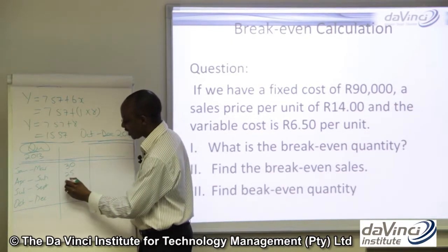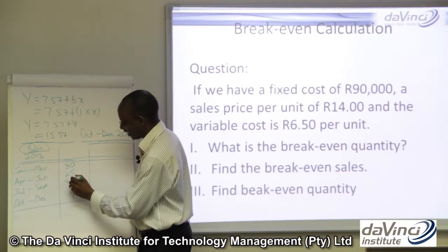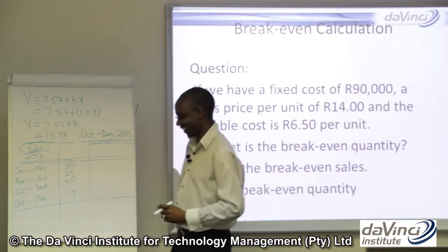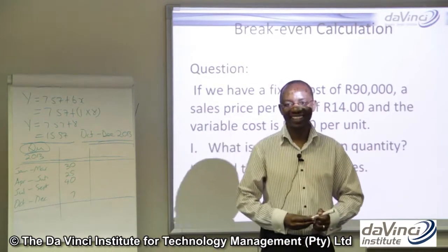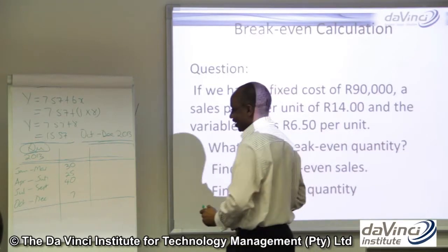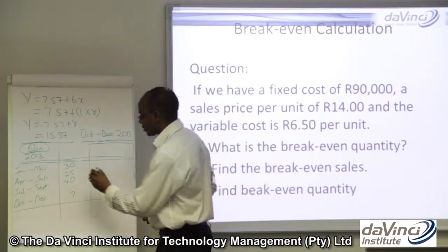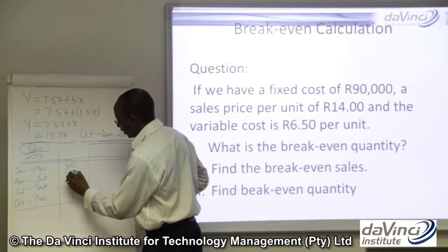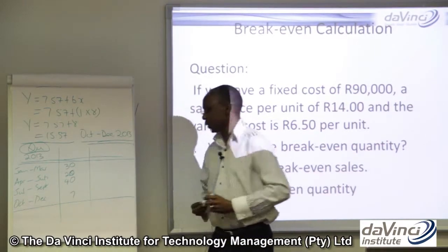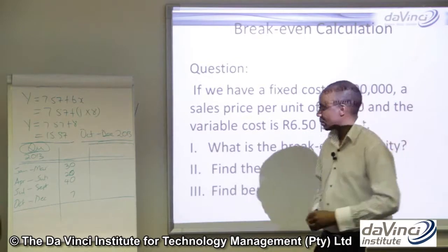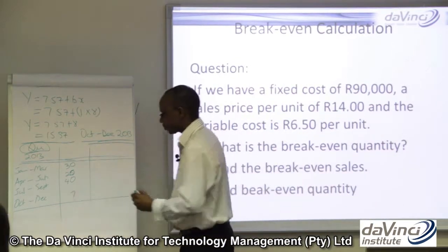Hey, our student numbers are increasing. Okay, let's make this 30, 20, 40. So what is the value there?